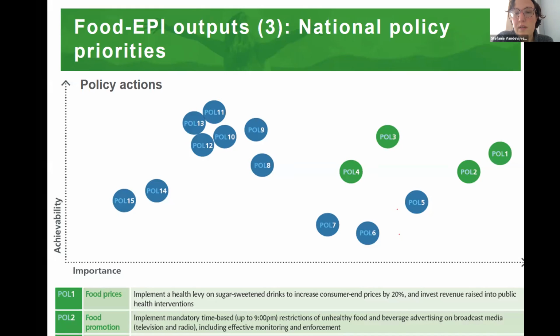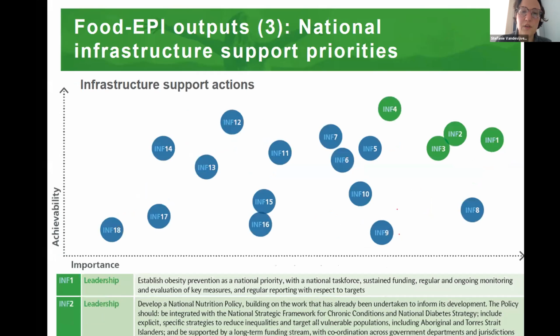Then they come up with a set of 4 or 5 priority actions, in this case for the policies: sugary drinks taxes, improving a labeling system that is already in place. This is also just an example from one country. The actions can be quite specific from one country to another.